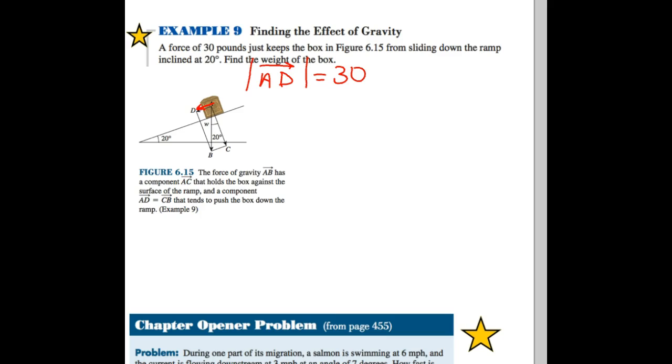Okay? Vector AB is the weight of the box, right? It's going straight down, perpendicular to the ground. Okay, so we're going to say the magnitude of vector AB is, they've just labeled it W for weight.